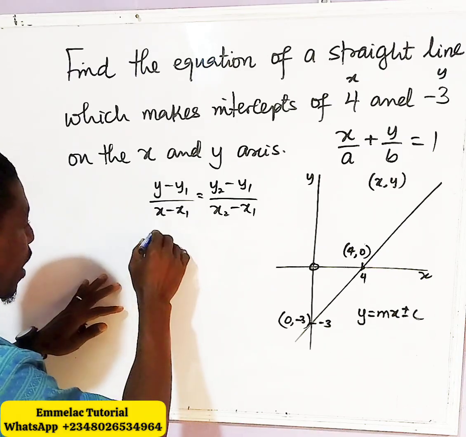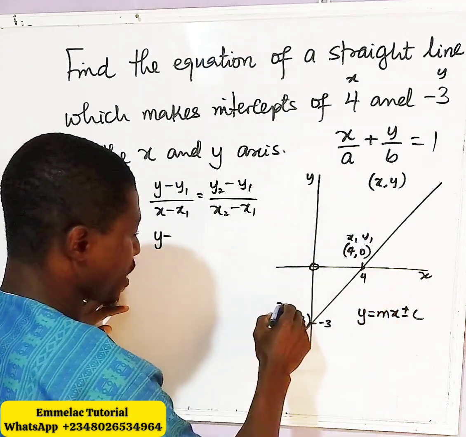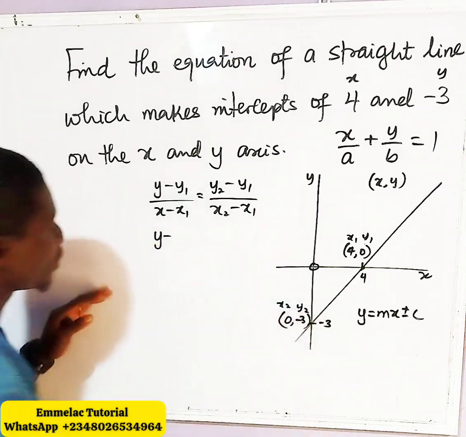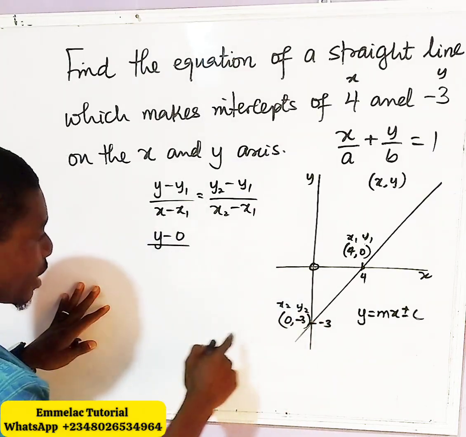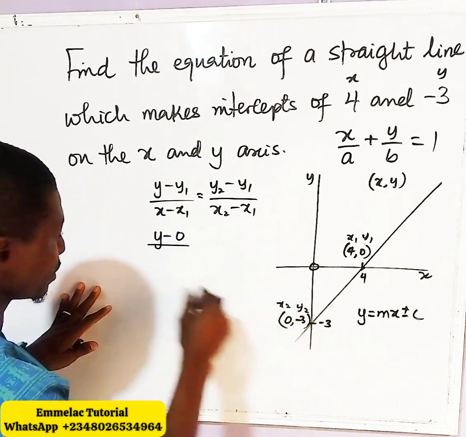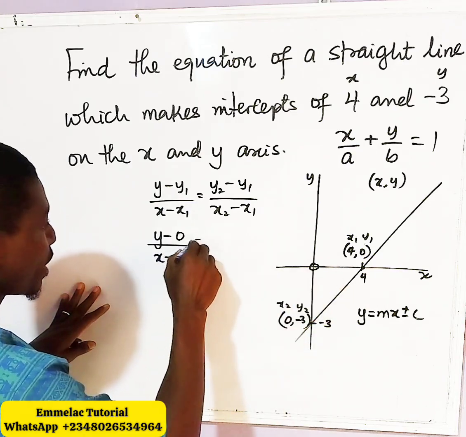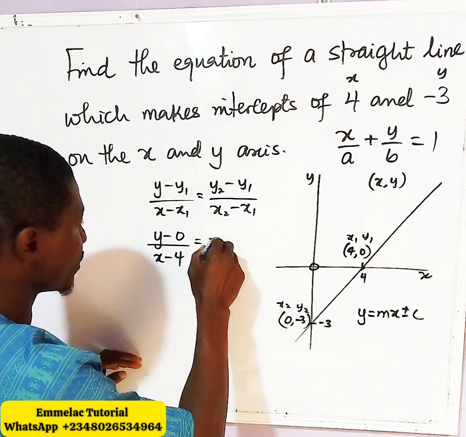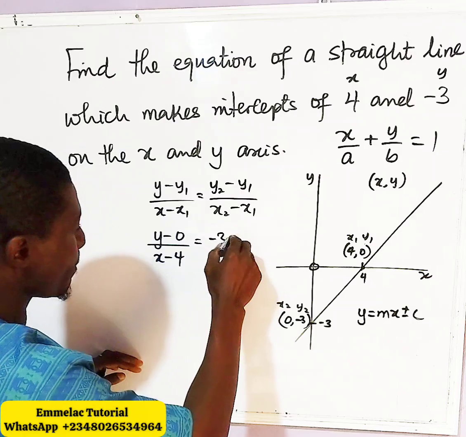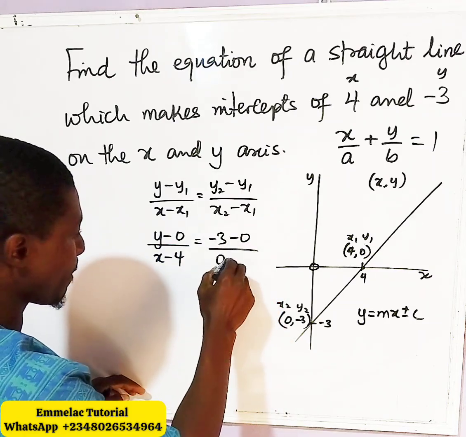Take note, this is our x1, y1, x2, y2. So our y1 is 0, then all over x minus x1, which is 4, equals y2, which is negative 3, minus 0, all over x2, which is 0, minus x1, 4.